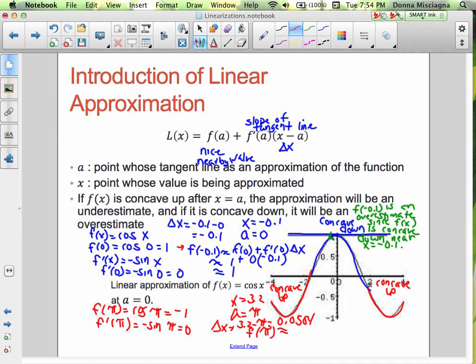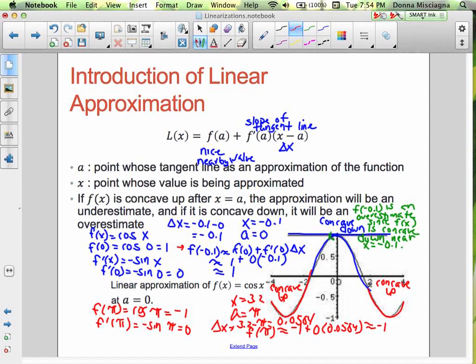Otherwise it's the same as that. So that would be negative 1 plus 0 times 0.0584, which is just going to be approximately negative 1, or equal to negative 1. The approximation is approximately negative 1. That calculation is exactly negative 1.